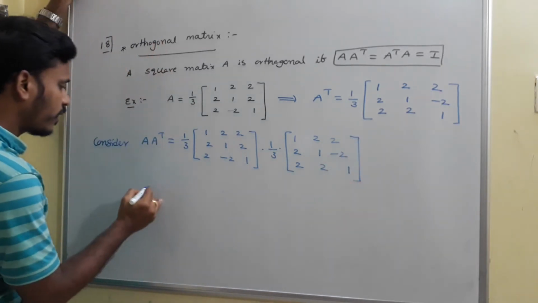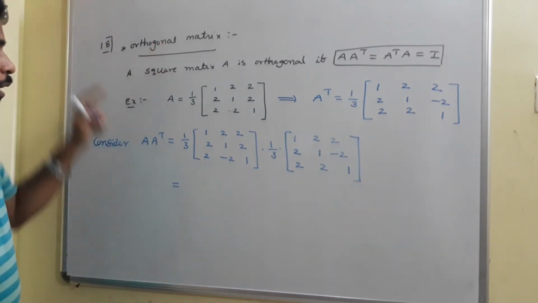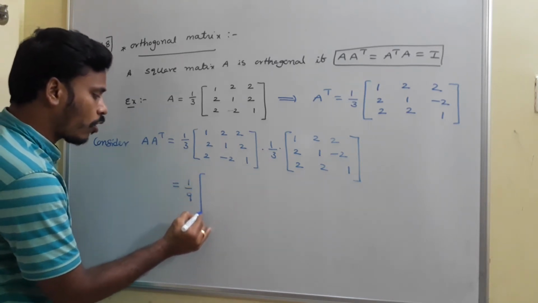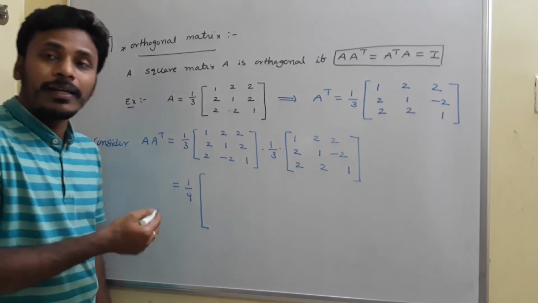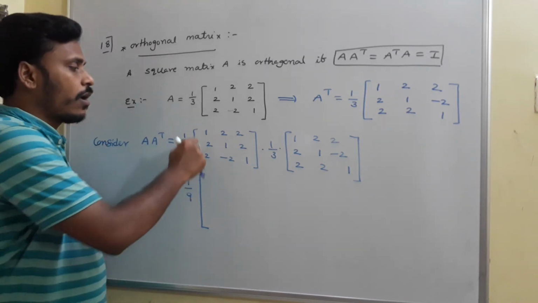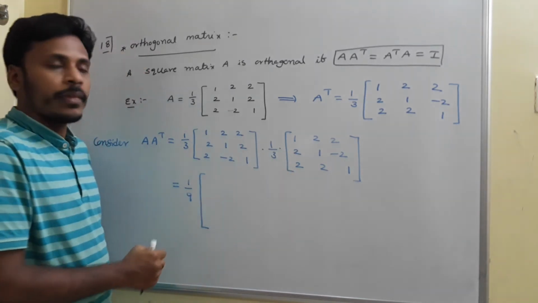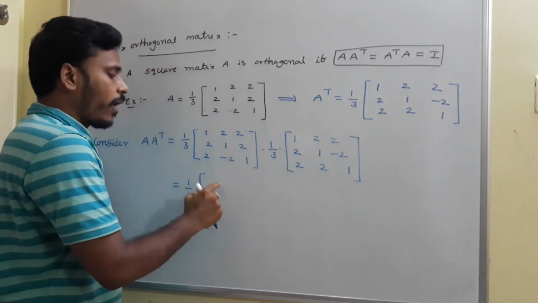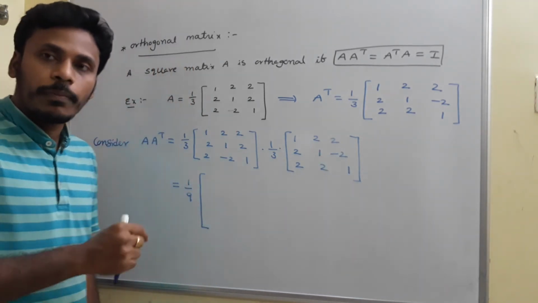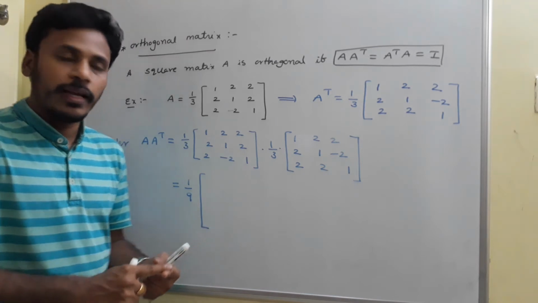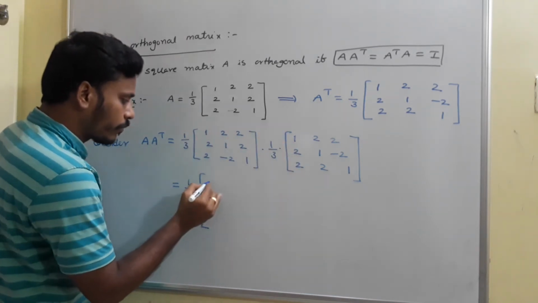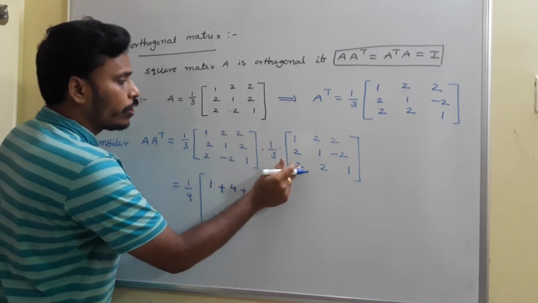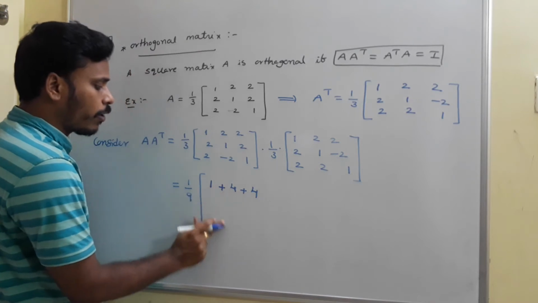That equals 1 by 3 into 1 by 3, which is 1 by 9, times the product. How do we multiply? The first row with the first column, then the first row with the second column, then the first row with the third column. Like that we calculate, and at each step take the sum of the corresponding products. So 1 into 1 is 1, 2 into 2 is 4, plus again 2 into 2 is 4. This is the first element of the resultant matrix.